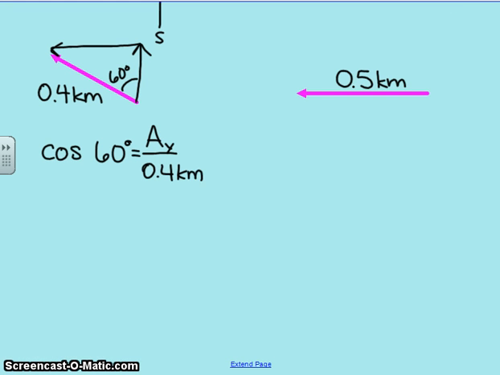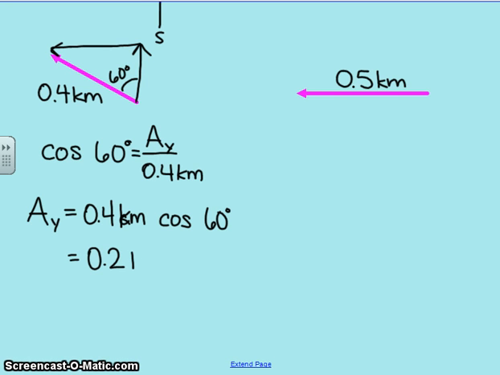That means that AY is equal to 0.4 kilometers times the cosine of 60 degrees. The number that I get for that is 0.2 kilometers. It's pointed upward, so it is a positive component. To find the x component, I would use sine.